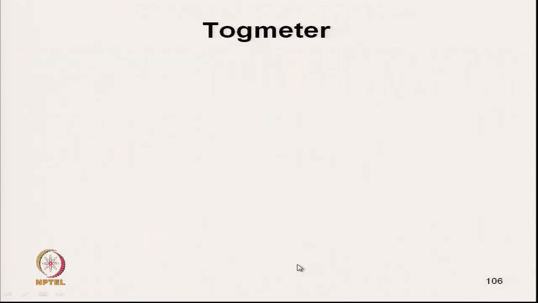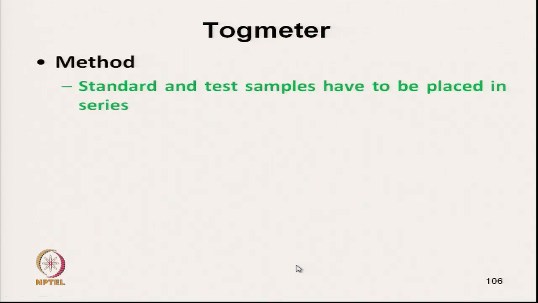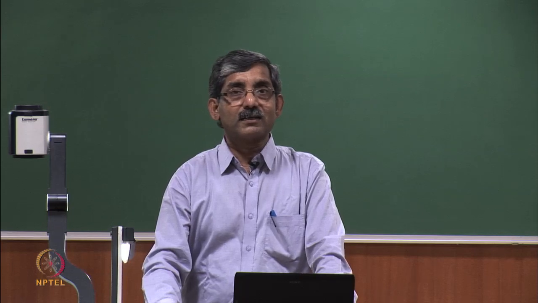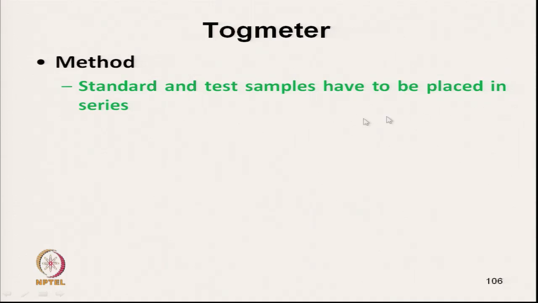Now, first we will discuss the principle of the TOG meter. We have two types of TOG meter: one is the double plate, or two plate, TOG meter, and another is the single plate TOG meter. Standard and test samples have to be placed in series.